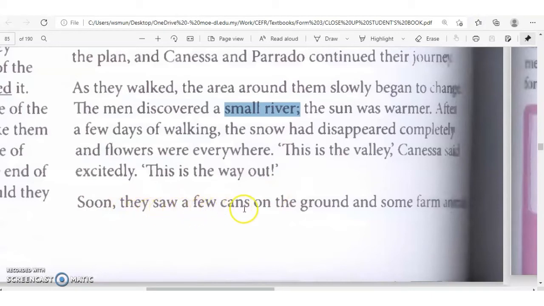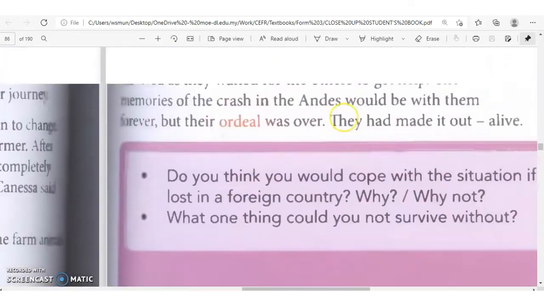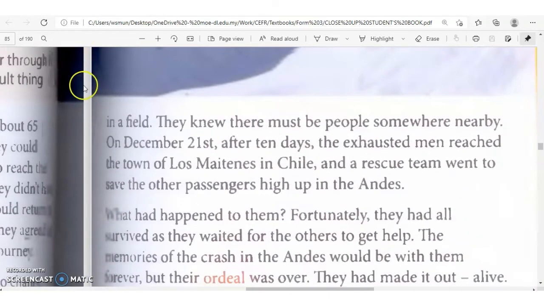Soon they saw a few cans on the ground. If you see cans, who uses cans? Do animals use cans? No, right? Of course, cans are used by humans. Okay, and then the next part. So from here, they knew there must be people somewhere nearby.